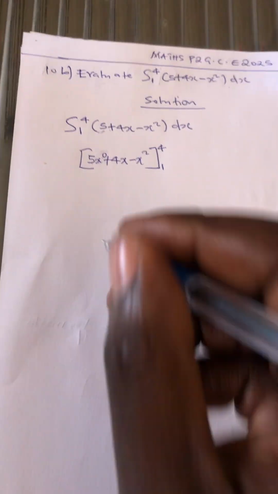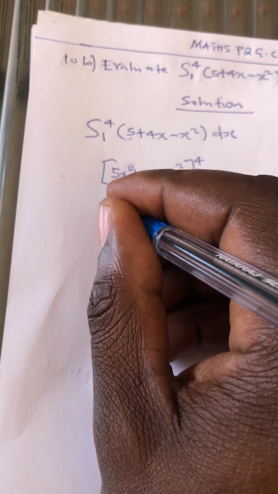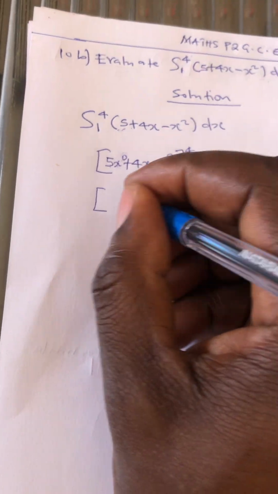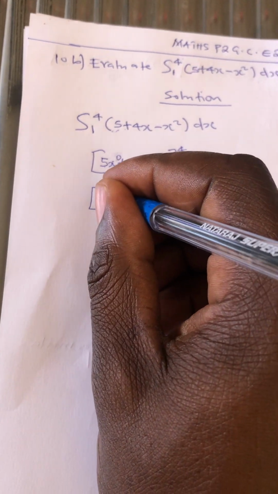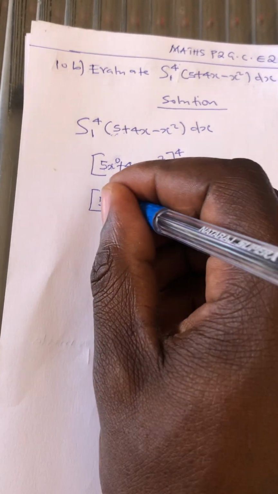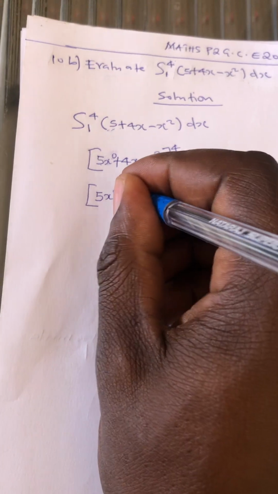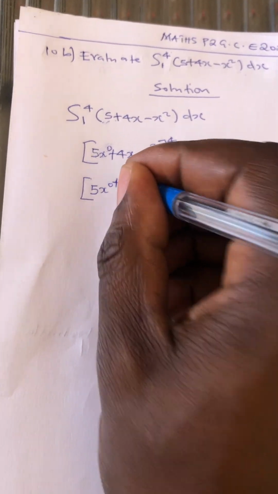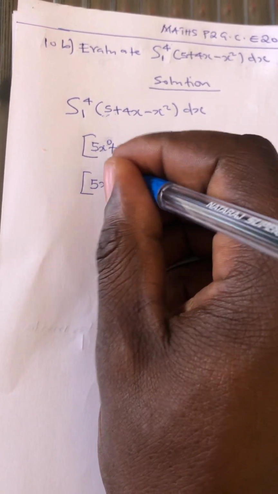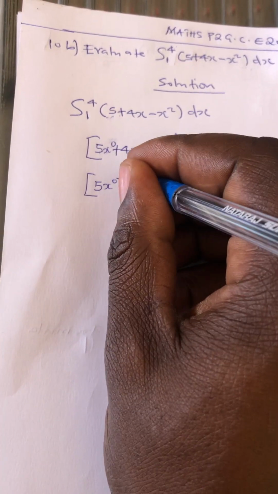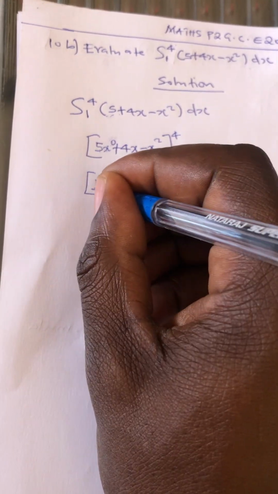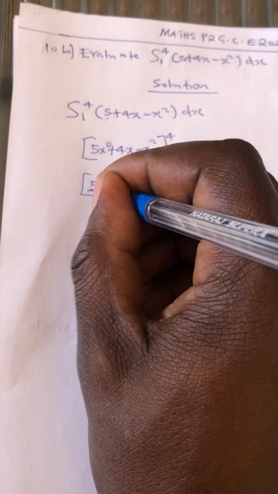So we can now integrate. Integrating 5x to the power 0, we add 1 to the power, 0 plus 1, and we do the same at the bottom, 0 plus 1.